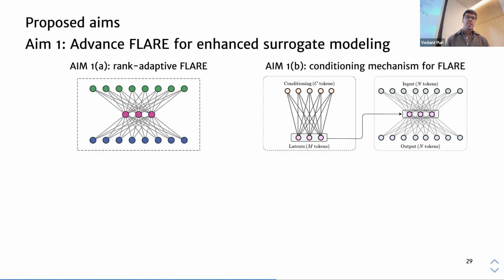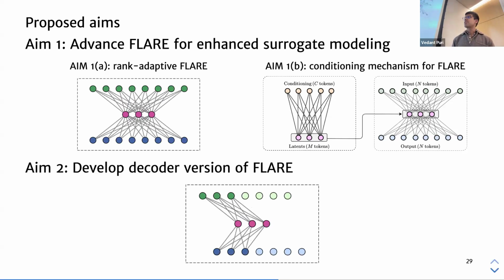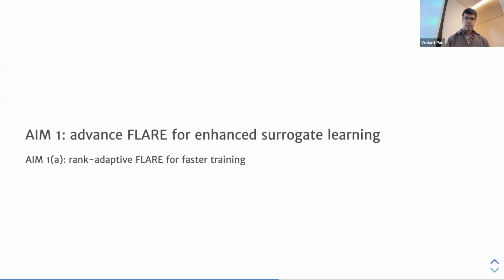Aim 1B is about developing a novel conditioning mechanism for Flare, which would allow us to manage transient calculations or transient surrogate learning tasks better. And aim 2 is to develop a decoder or a next token prediction version of Flare that would allow us to directly handle time series problems.